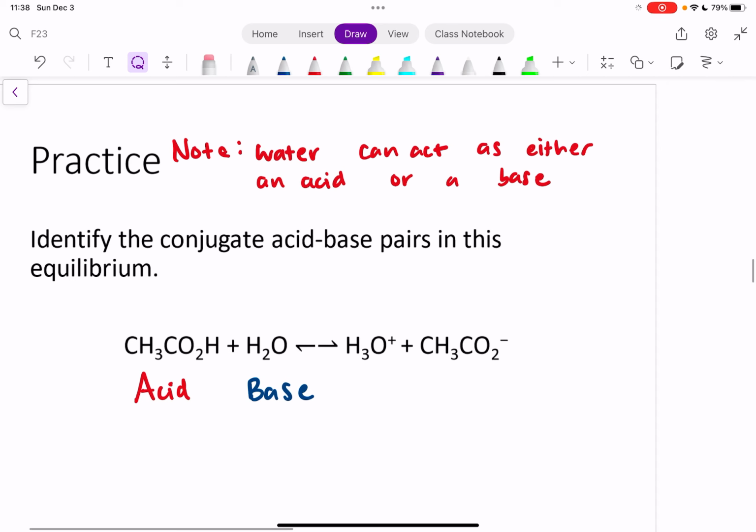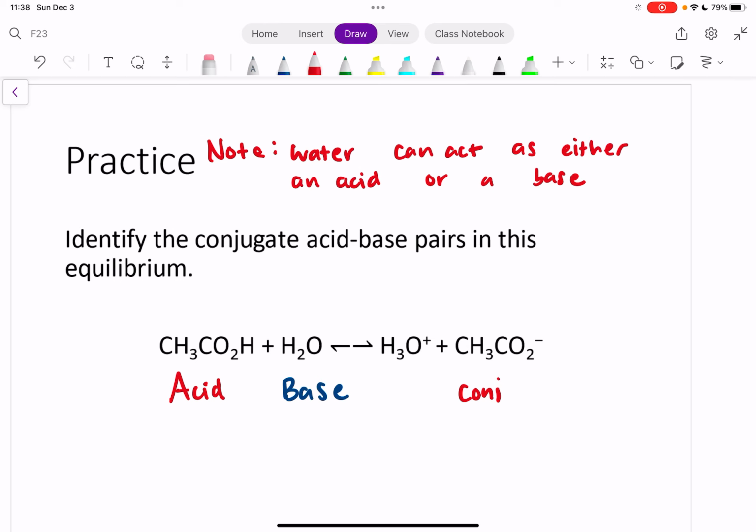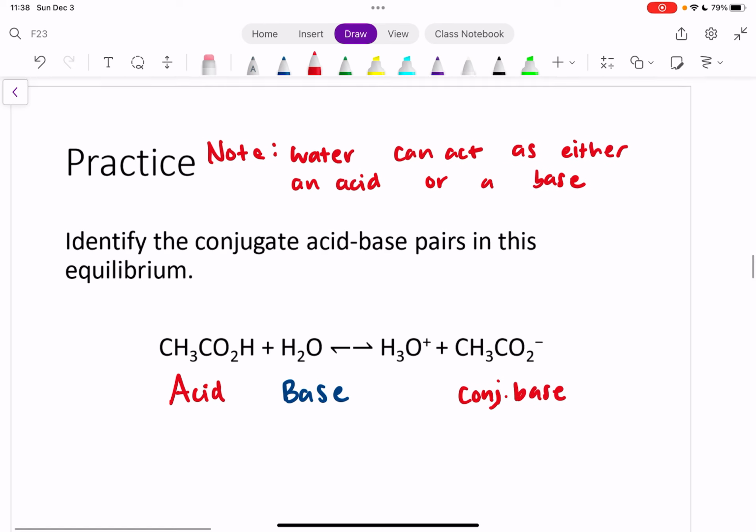So remember, the part that remains from your acid at the end of the reaction is called your conjugate base. So what's the conjugate base of our acid? Yeah, this thing here, acetate.